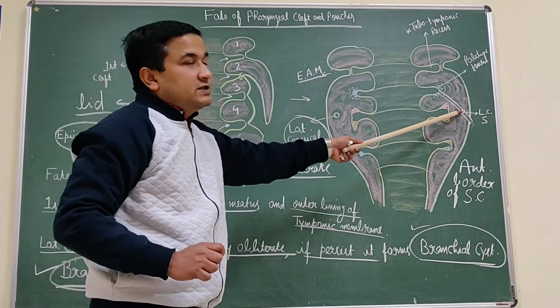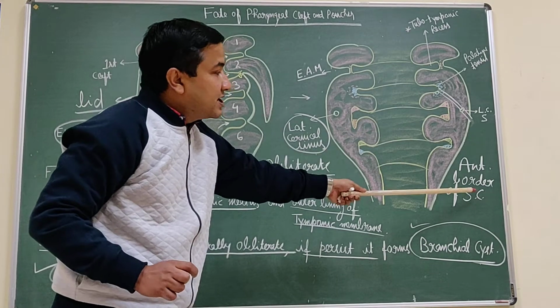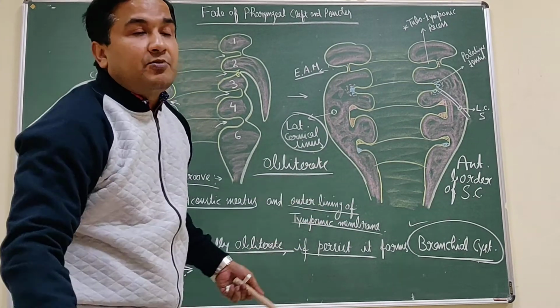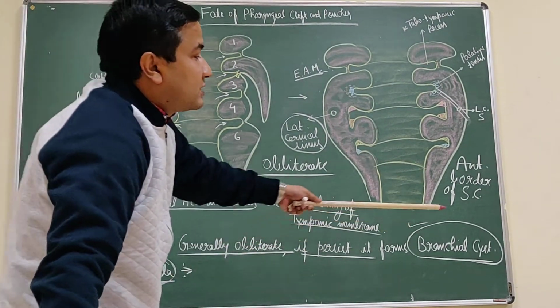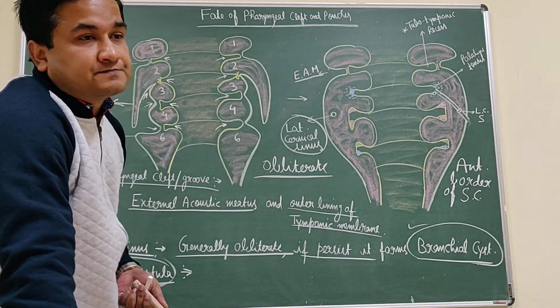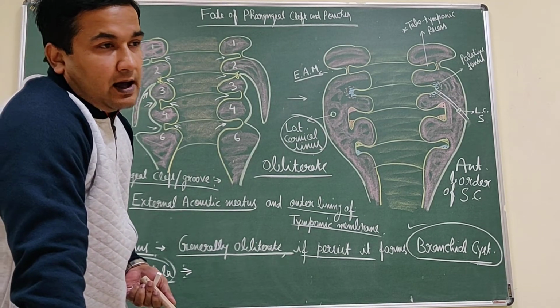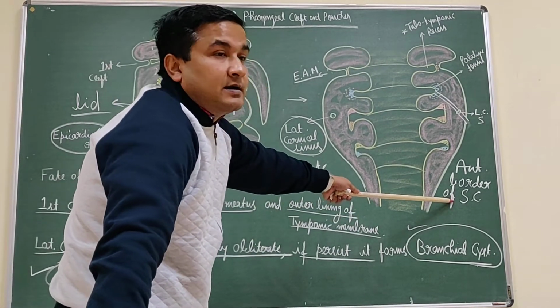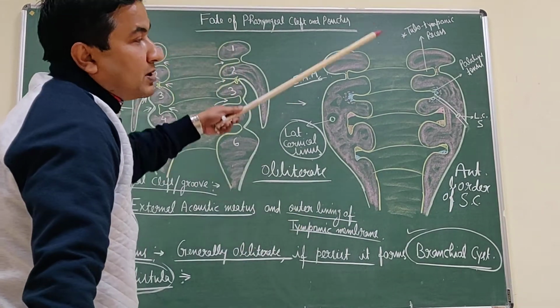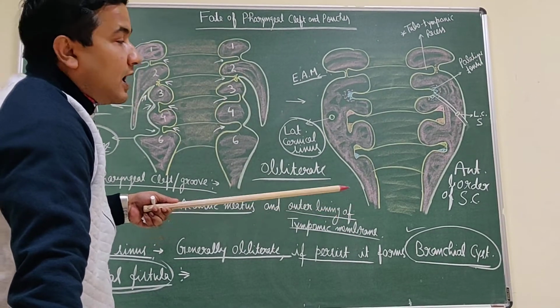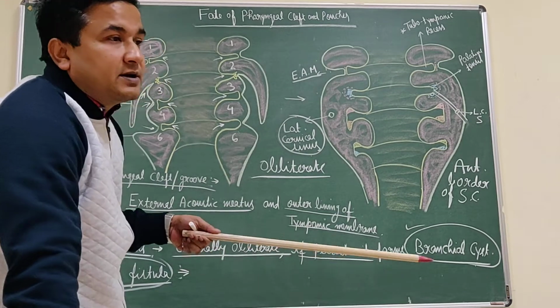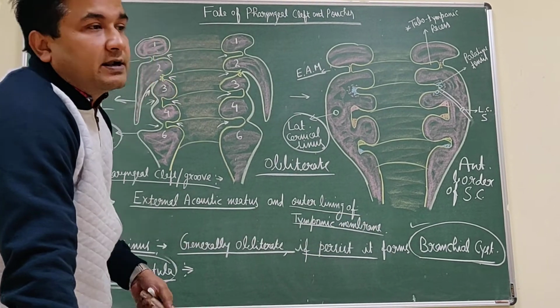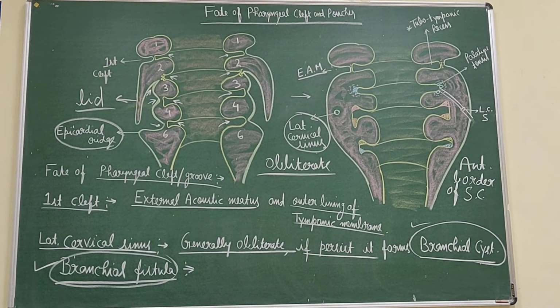This opening is also present along the anterior border of the sternocleidomastoid muscle, either at the junction of the upper 1/3 and lower 2/3, or at the junction of the lower 1/3 and the upper 2/3.